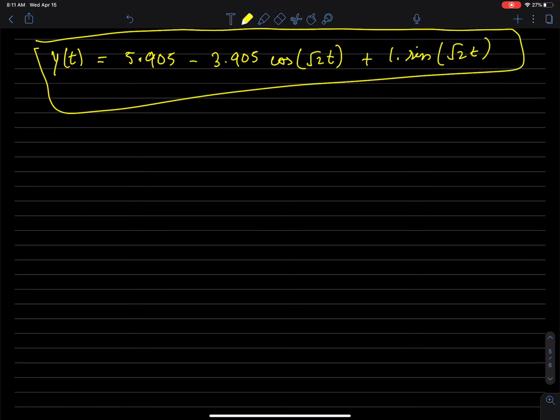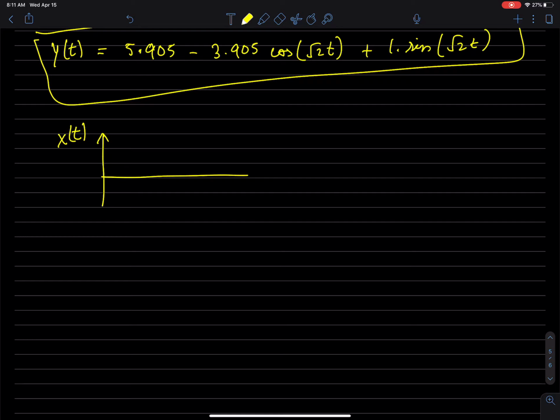So what is the meaning of this? The meaning of this is the following. Once you have done the conversion, x of t will have some motion about 0.